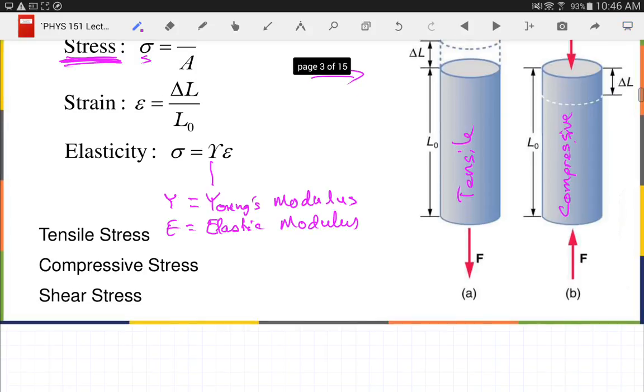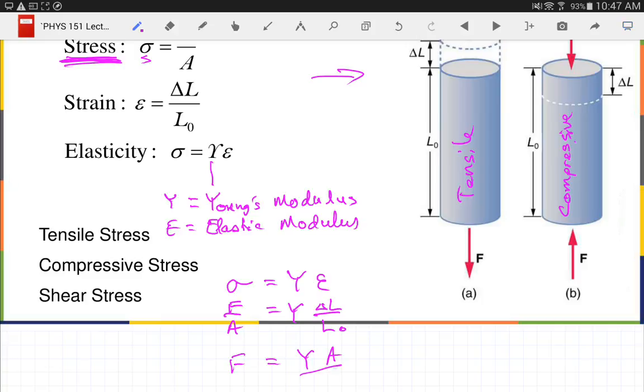Now, if you were to take these definitions up here and substitute them, and solve this for force, you have force is equal to this constant, Young's modulus times the area divided by the original length times the change in length.